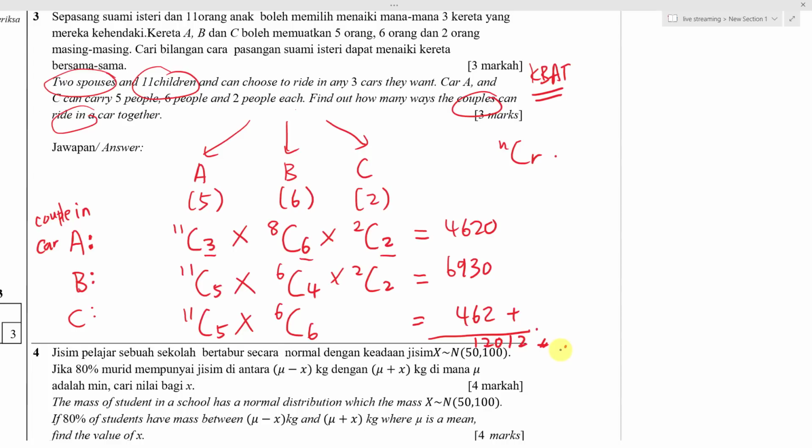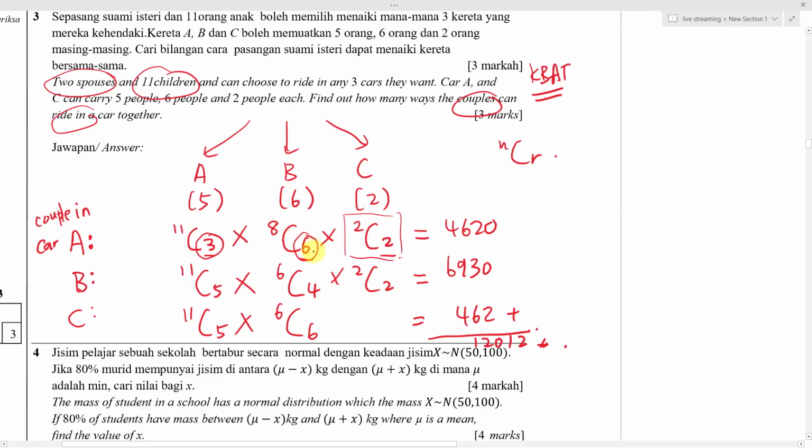Can you explain 2C2 again? Sorry, I don't really understand. Okay, for the 2C2 over here, basically you only have the last children left. You have 11 children. If I choose 3 children for the first car, I still have 8 children left.